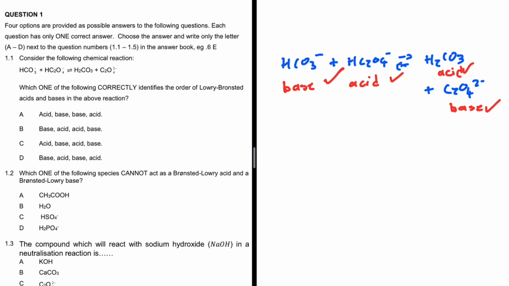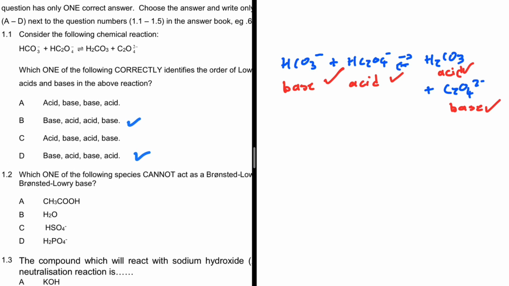So let's go ahead and look at our question and see which option is that. Options B and D start with a base followed by an acid, right? It's still true in both B and D. And then what fills the third spot is acid, right? So that is option B. So option B seems to be the correct answer here.